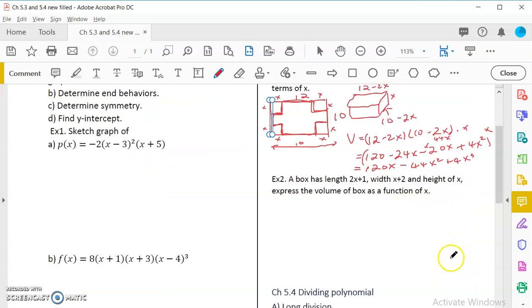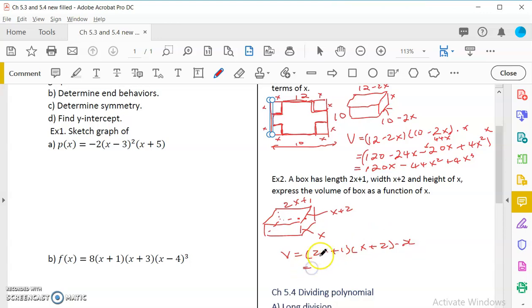Example 2 is a box of length. So this is actually a box already, so no need to fold up. So this box has a length of 2x plus 1, a width of x plus 2, and then the height is x. Find the volume. So this is very straightforward. 2x plus 1, length, width, height, all multiplied together would give you the volume of a box, times x.